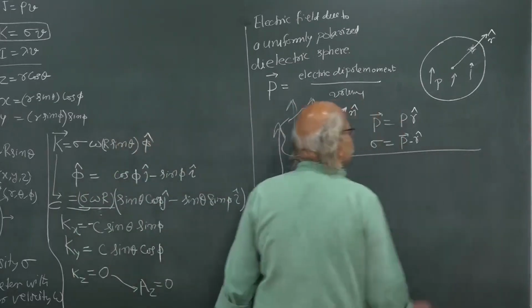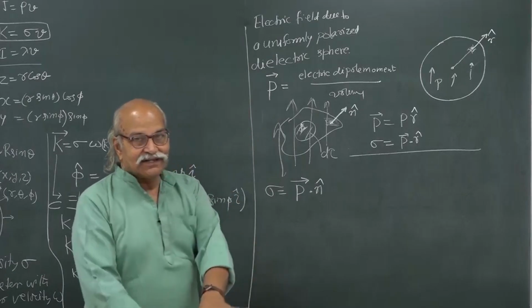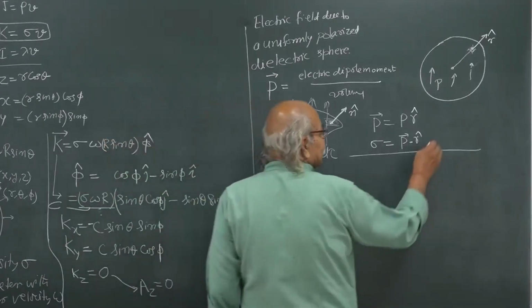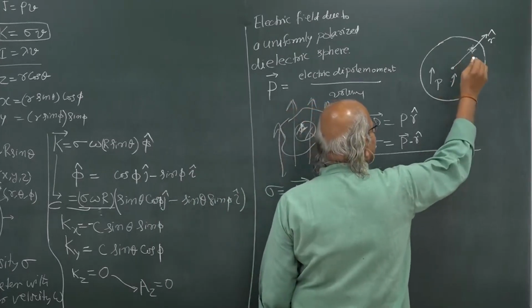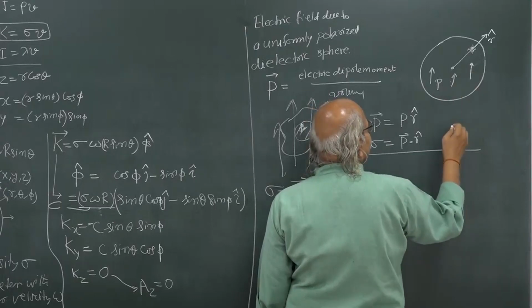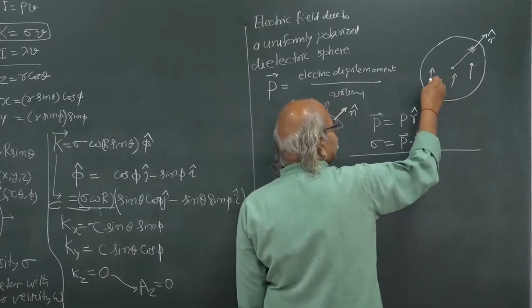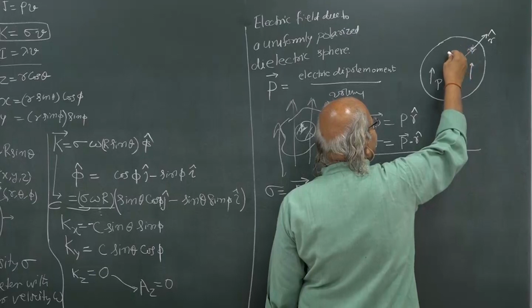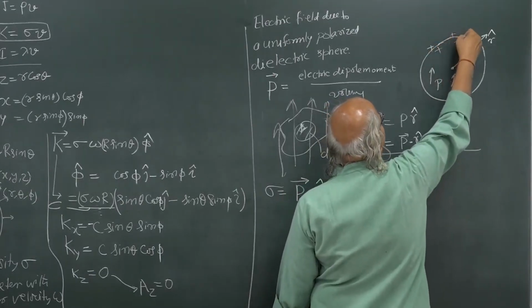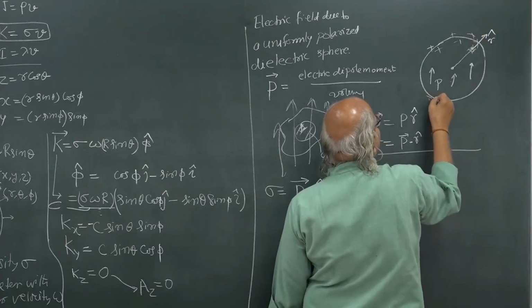Another very interesting derivation which is there in that chapter, in this section, is that if you have a dielectric sphere and uniformly polarized, then the charges will appear. If this is the case, then positive charges will appear on this side, negative will appear on the other.